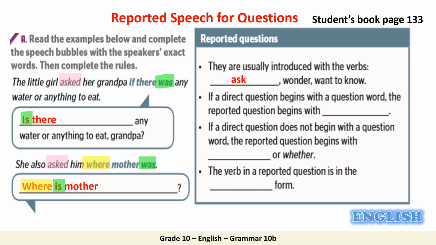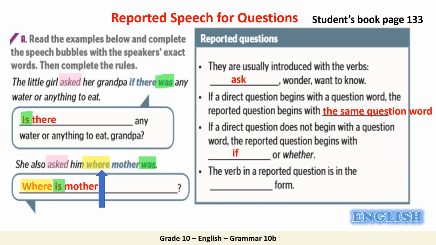If a direct question begins with a question word, the reported question begins with, excellent, the same question word, the same WH word, as in the example we have where. Number 3: if a direct question does not begin with a question word, the reported question begins with, look at example 1. Excellent, if or whether. We can use whether, W-H-E-T-H-E-R.